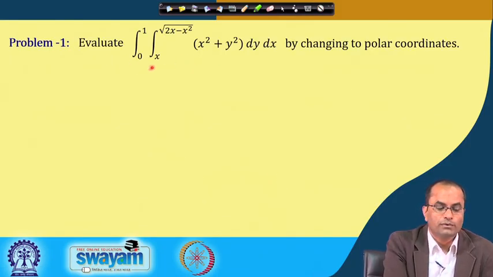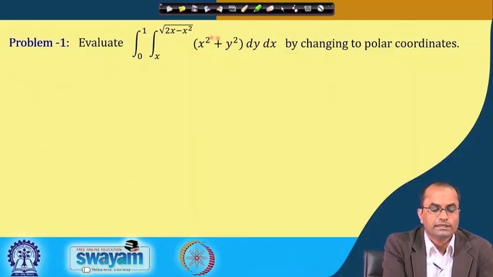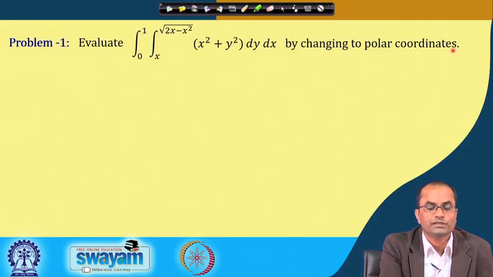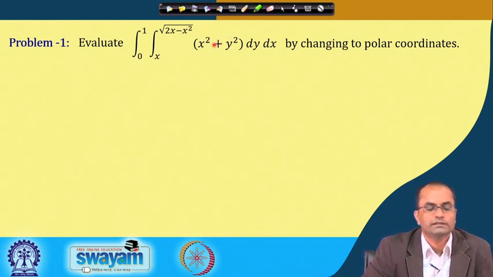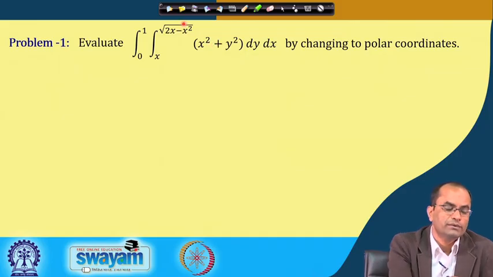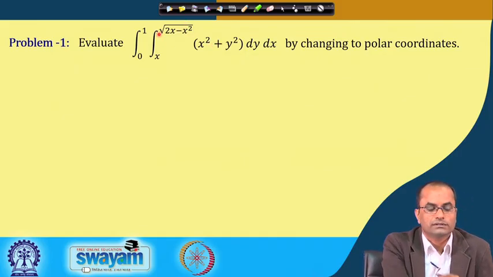Okay, so, another problem where we want to integrate x square plus y square by changing to polar coordinates. This is natural because the integrand supports that changing to polar coordinates will help, and perhaps here as well because there is a circle.